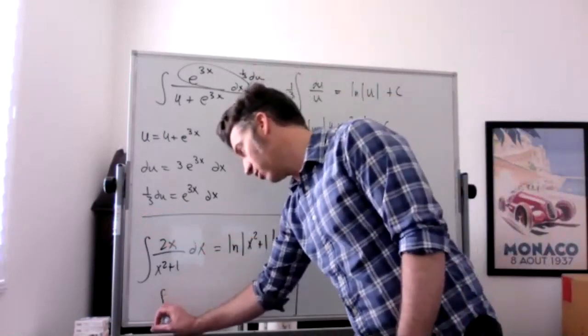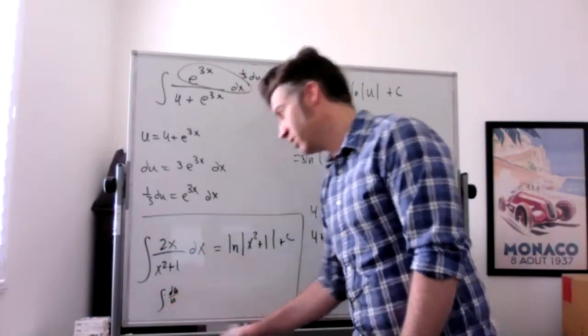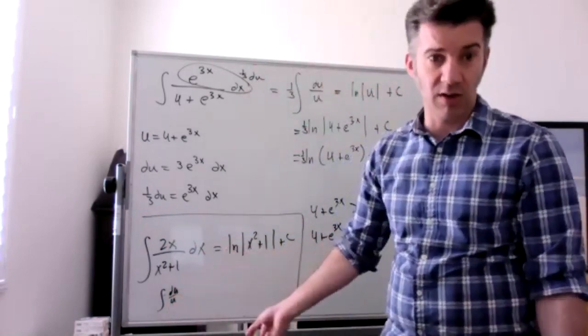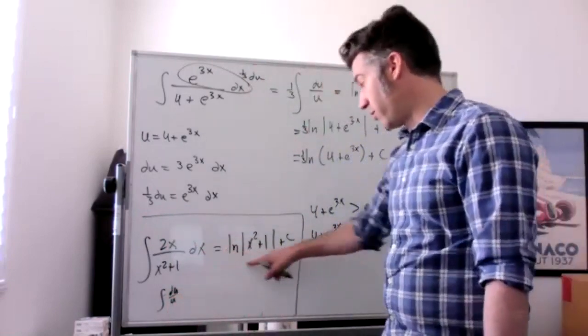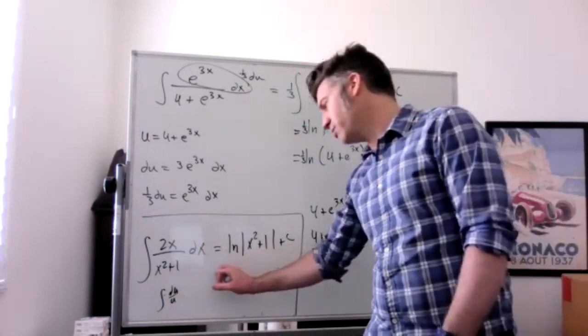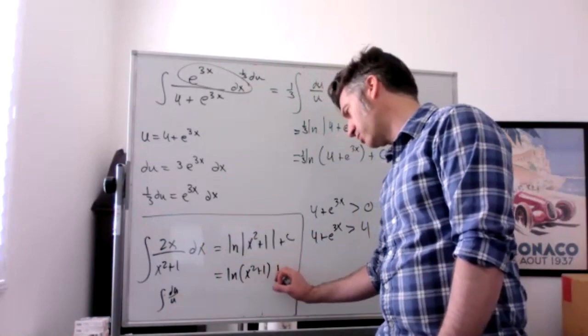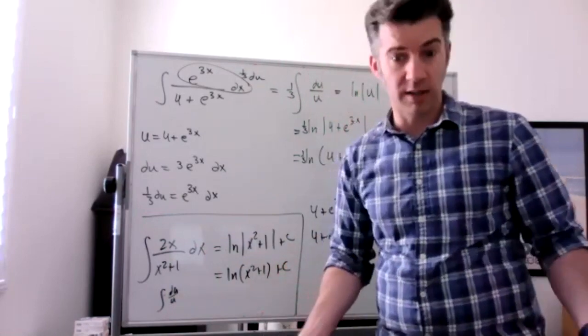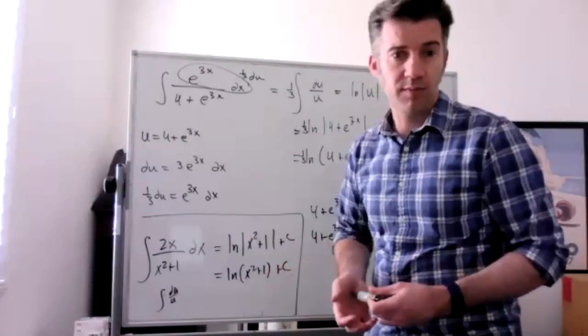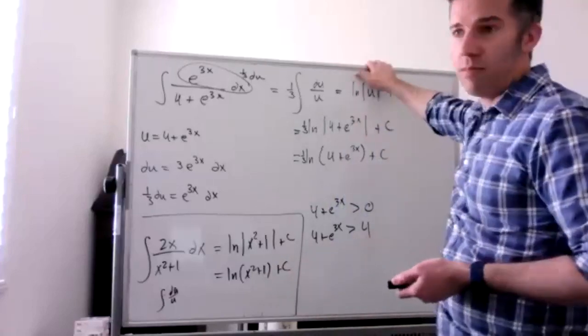So this would be the integral of du over u, which is the natural log of u, which is the natural log of the denominator. But for a problem like this, someone would also say, I'm just going to write it without the absolute values because I know that x squared plus 1 is already always a positive number. So that's another example of it.